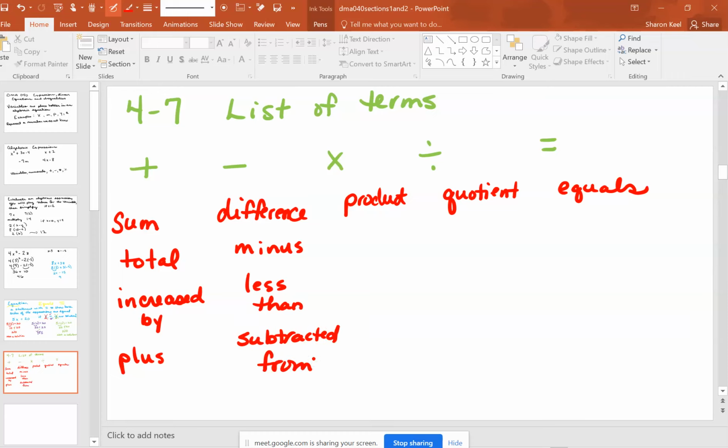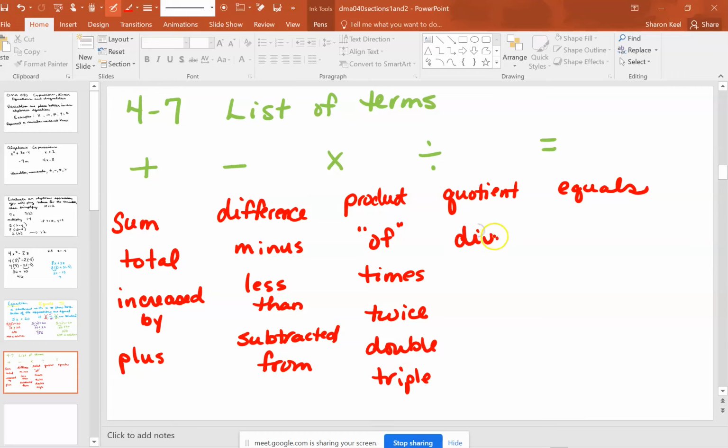For product, one of the words that normally is sort of a surprise is just the word of, an amount of something else. Generally, that's going to mean you will be doing multiplication. You may see the word times. If you see the word twice, or if they tell you to double, triple, quadruple.